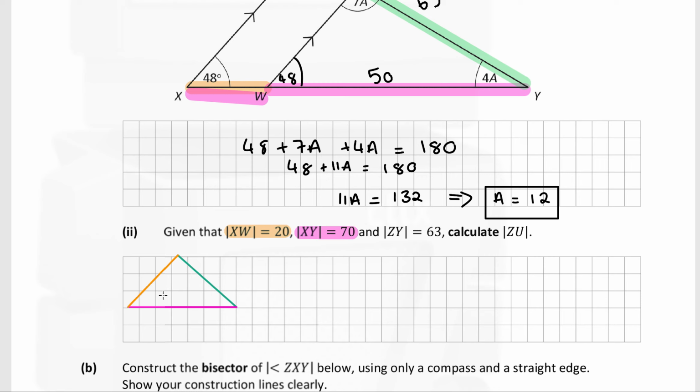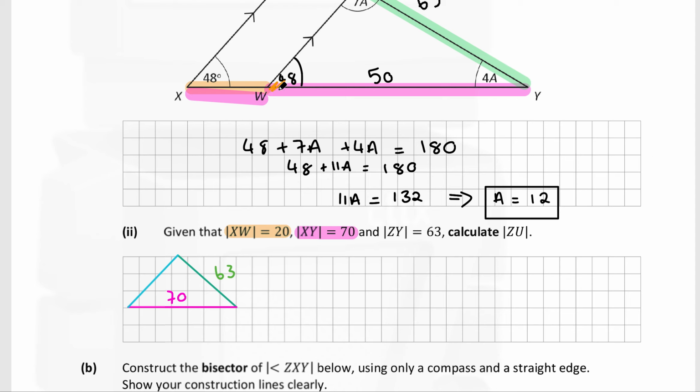I'll give him a different colour because I'm going to use yellow in the next triangle. I know that the pink line, the whole way across, was 70, and the green line was 63. I don't know what that blue line is, but I'm not actually going to need it.